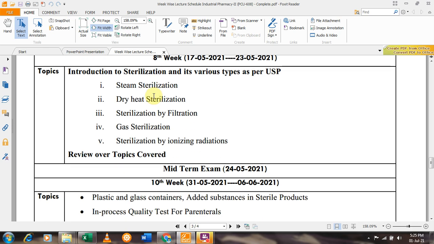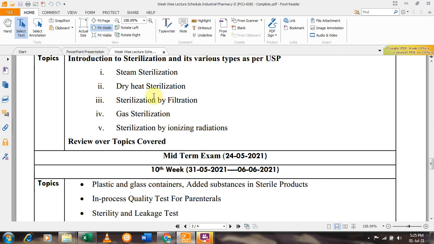The final term paper will also comprise sterilization according to the USP, 5 methods of sterilization, including steam sterilization, dry heat sterilization, sterilization by filtration method, gas sterilization, and sterilization done by using ionizing radiation.